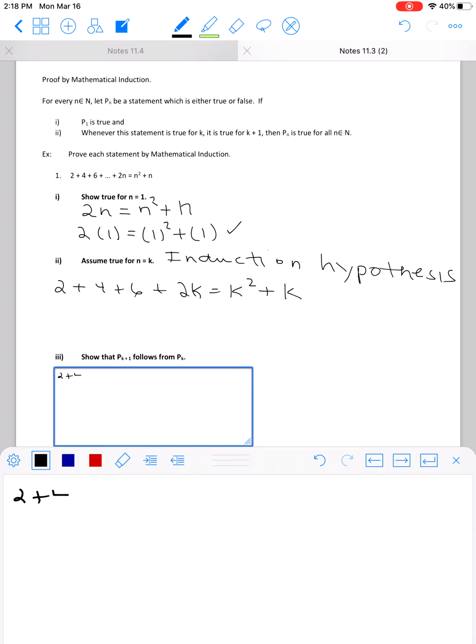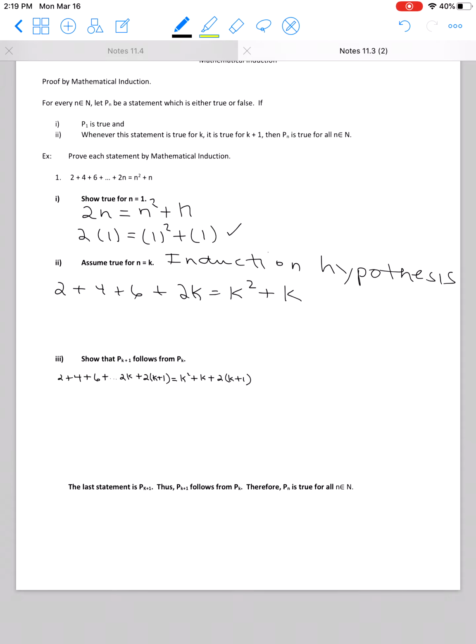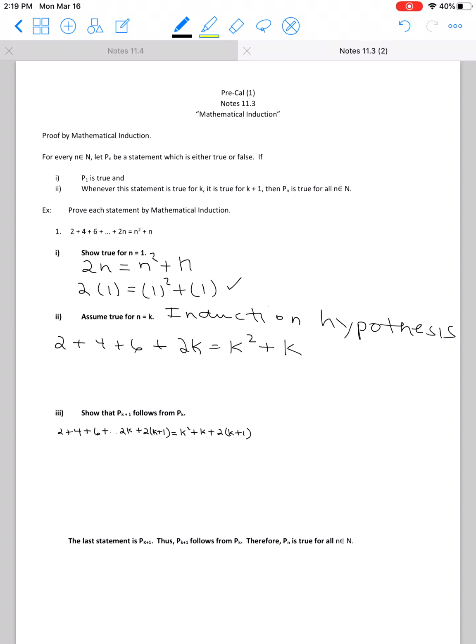So 2 plus 4 plus 6 plus dot dot dot 2k, and then we're going to add, and now we have to show k plus 1, and on the other side, we have k squared plus k plus 2 times k plus 1. Now, notice what I did. I added the k plus 1 term to both sides.